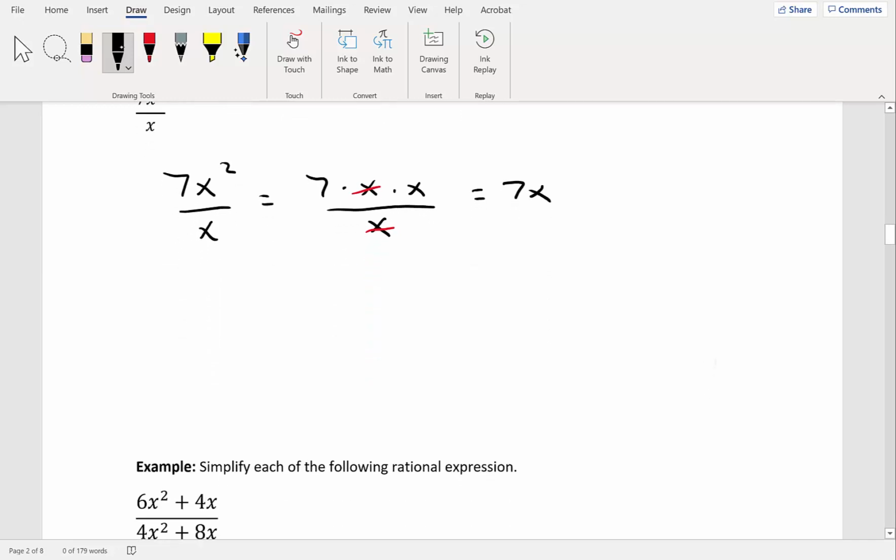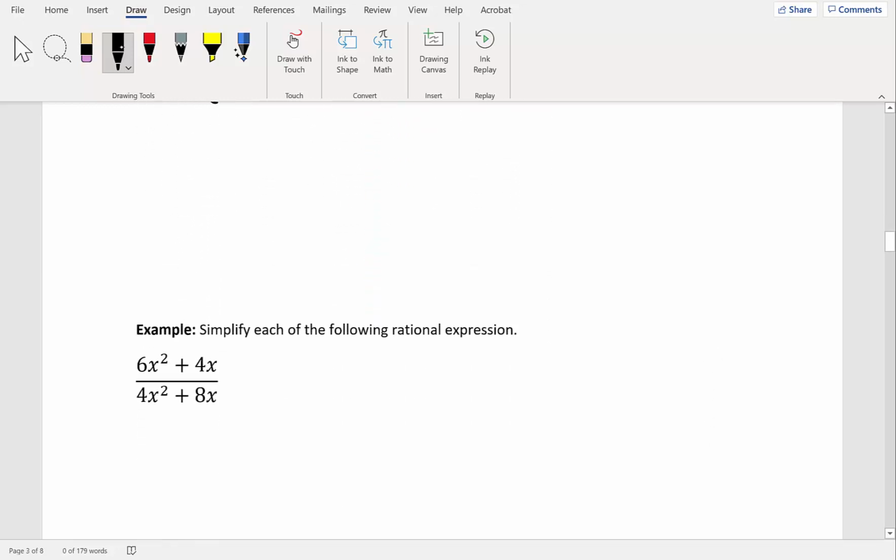Okay, now let's up the difficulty. Now we have 6x squared plus 4x all over 4x squared plus 8x. Now this whole section is really just about factoring. You'd be using a lot of the techniques that we saw in chapter 4. So let's go ahead and factor out the numerator and denominator completely. Let's take a look at the numerator first.